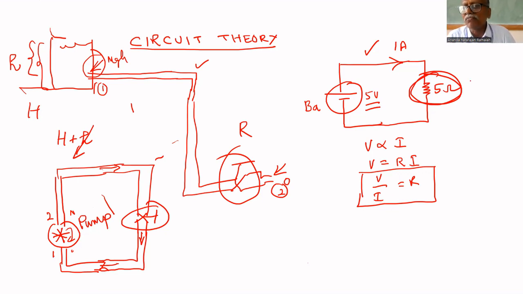Instead of a resistor, if you put an insulator here, there is no current flow. If it is a conductor, then there will be a flow of current. Is a resistor a conductor or not? Yes, a resistor is a conductor, but it resists.